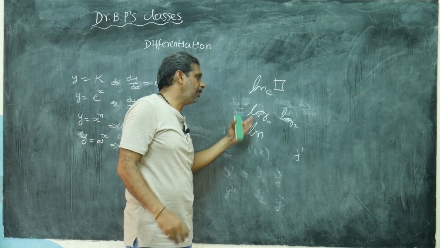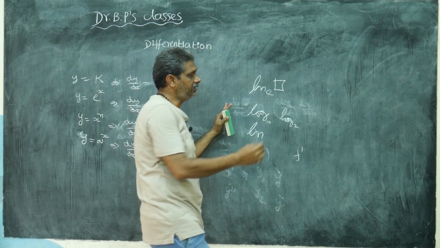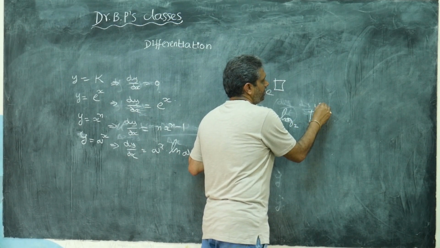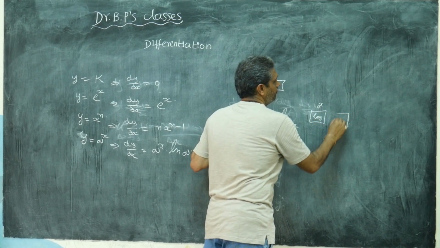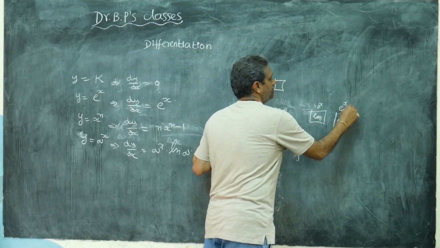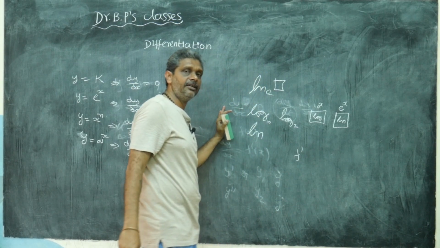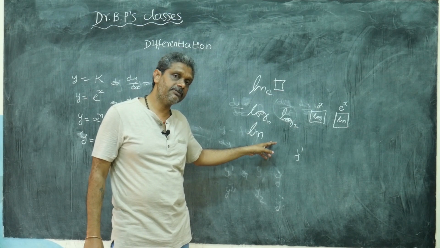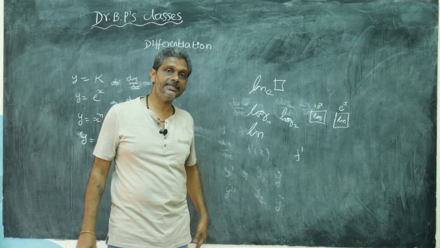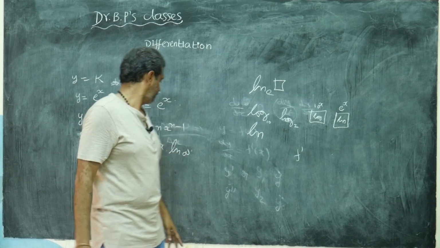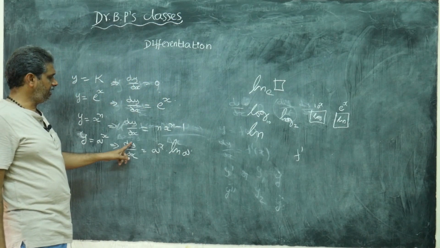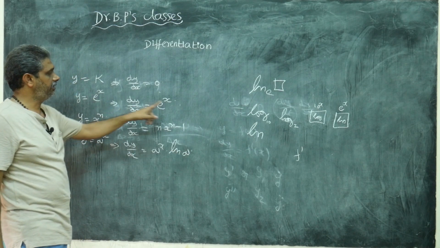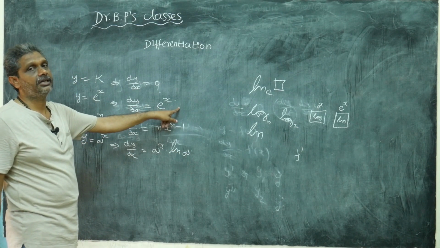Log and ln are the same here, but in your calculator two different things are there: log is base 10, while ln is base e. While writing, if you write log or ln and don't mention the base, you can take it for granted that the base is e. Then for a to the power of x, dy by dx is a to the power of x into log a. Here also it is the same story, but since log base e of e is 1, I am not writing e.